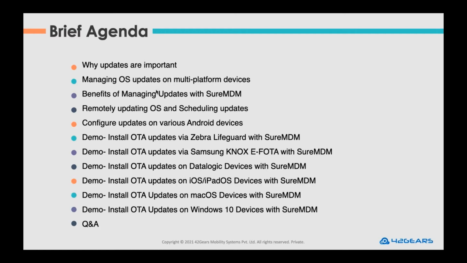Next, we will see how IT admins can effectively use SureMDM to remotely push and schedule updates on each platform, such as Android, iOS or iPad OS, macOS, and Windows devices. We will also discuss how SureMDM can help manage updates in some of the Android devices, specifically Zebra, Samsung, and Datalogic devices by using OEM specific platforms.